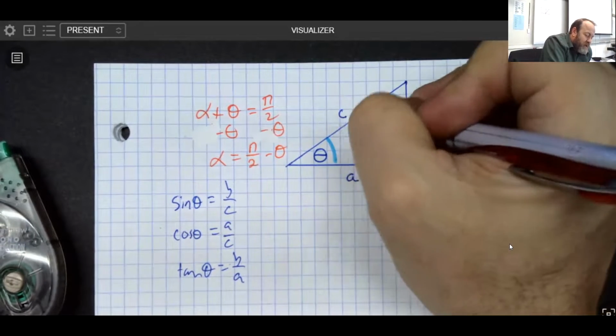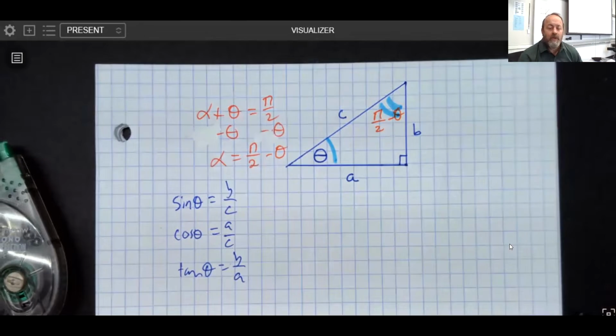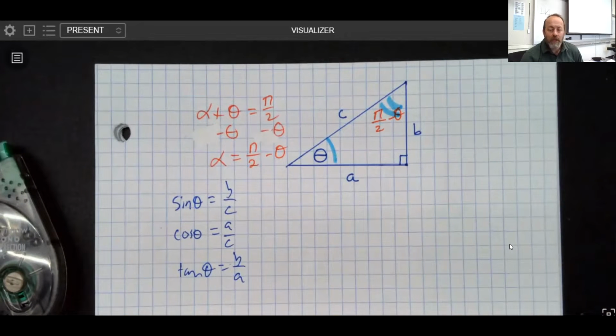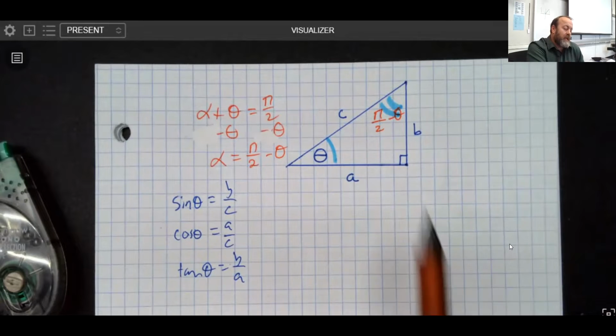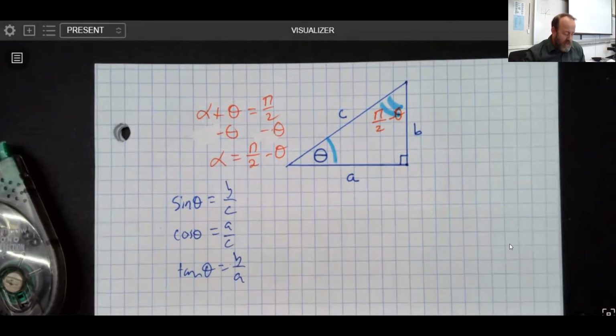So instead of calling this angle alpha, I'm going to call that angle pi over 2 minus theta. And you'll notice that pi over 2 minus theta is the same thing as calling it alpha, and somehow those have to add up to 90.